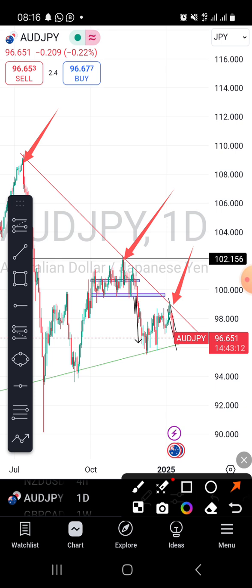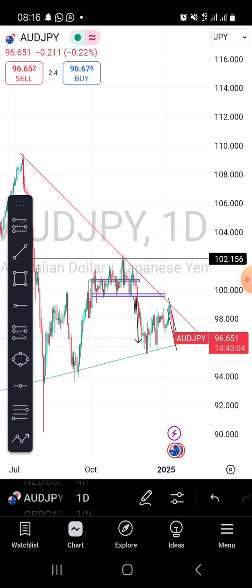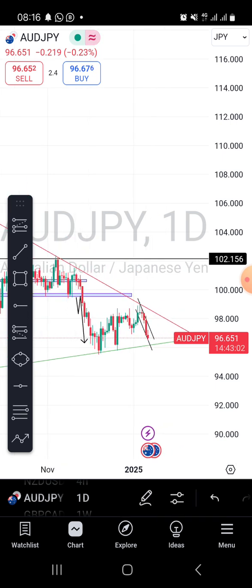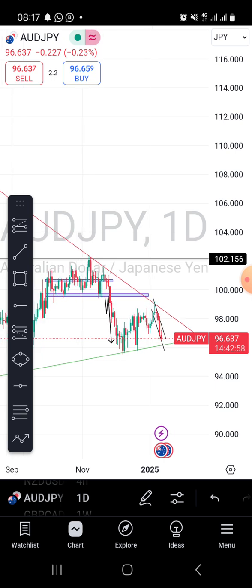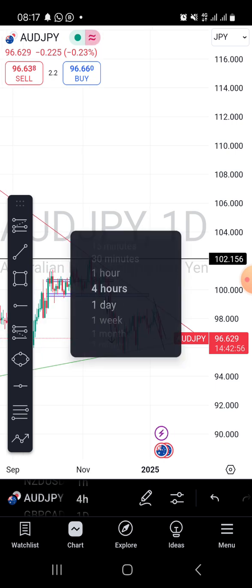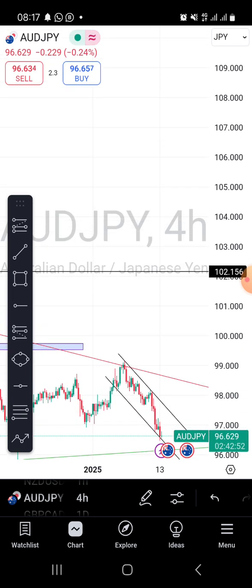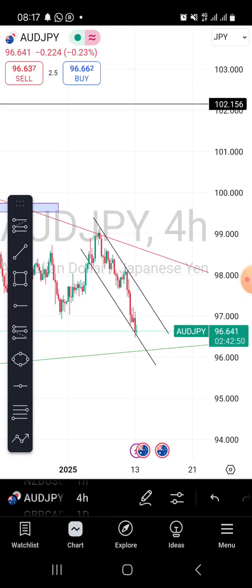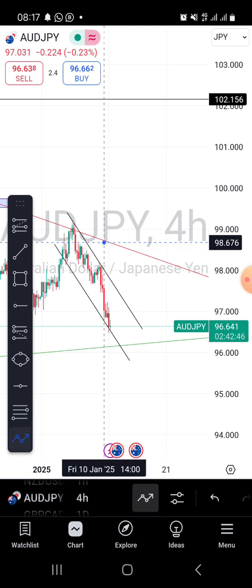Although it is encountering a kind of uptrend, since we know the downtrend is still somehow strong, let's go to H4 and look for possible entry. Our possible entry here on H4 is this point.